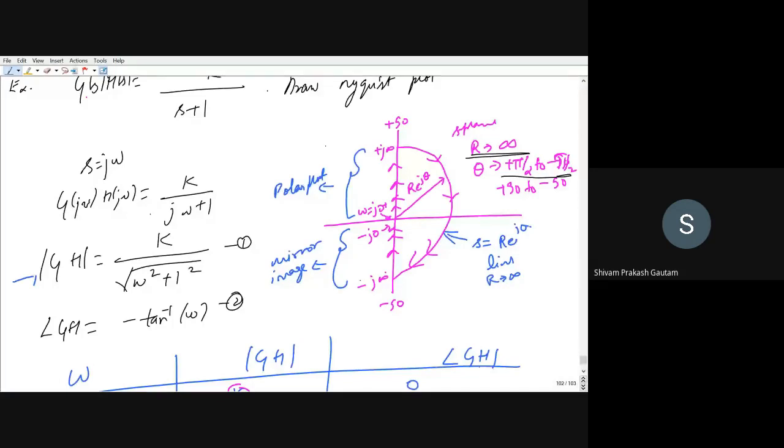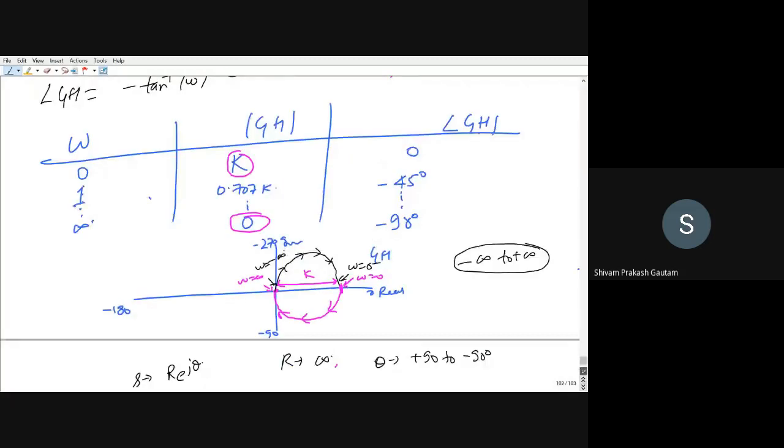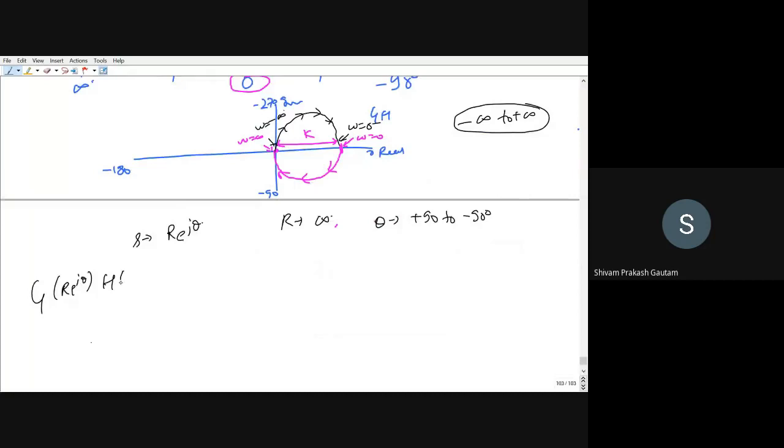So in place of S, put R e to the power j theta. It becomes G(R e to the power j theta) H(R e to the power j theta) equal to K upon R e to the power j theta plus 1.